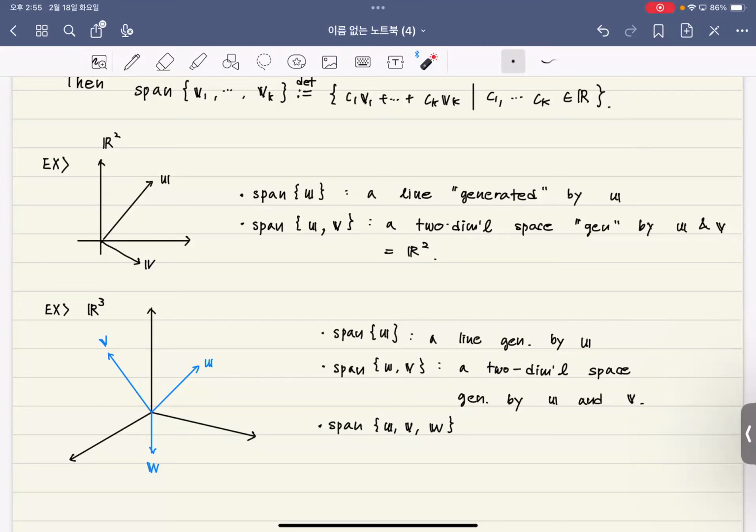So therefore, most likely, almost always, the span of these three vectors should form an entire three-dimensional space.